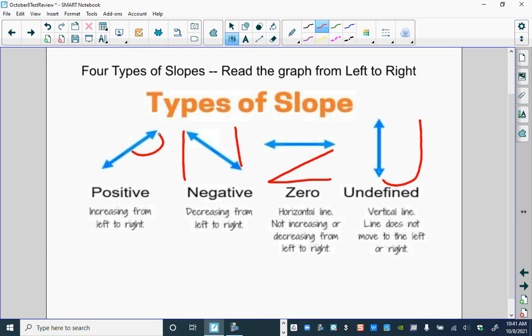Any questions? We'll talk about the next little activity. The next little activity is just a matching activity.